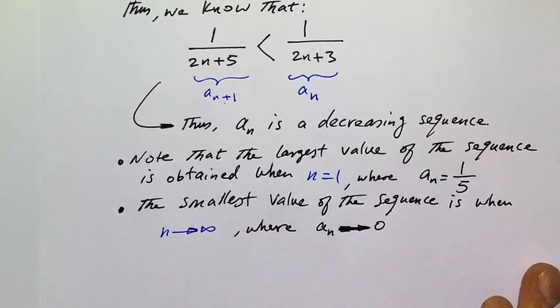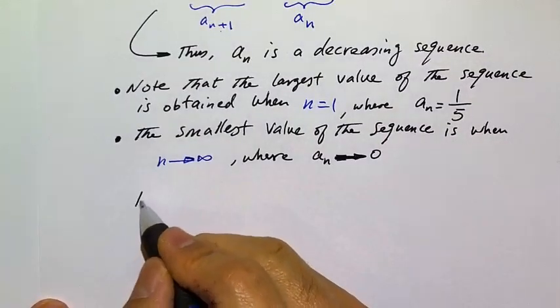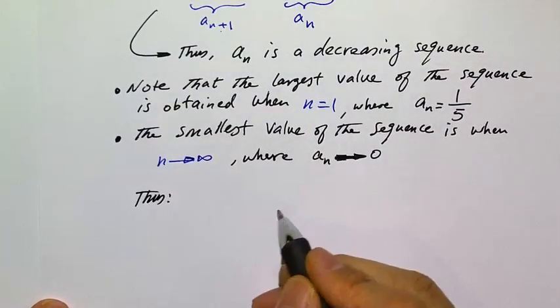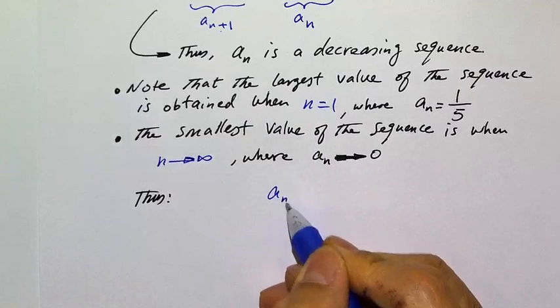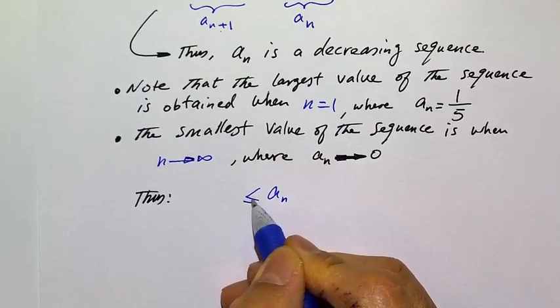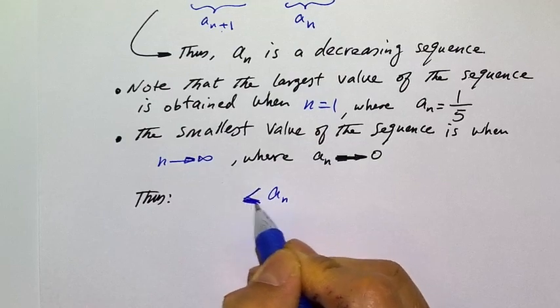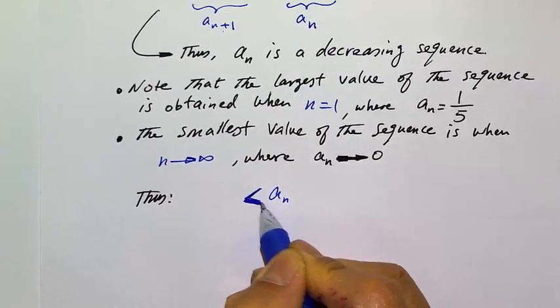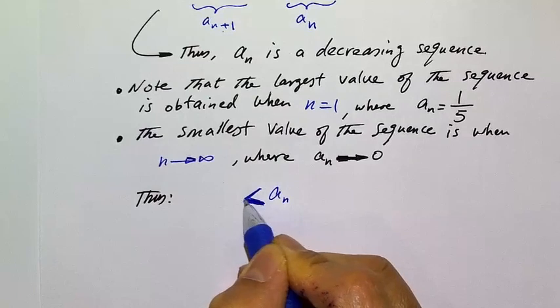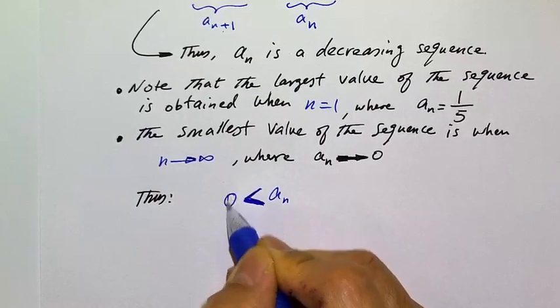So therefore, the sequence is bounded below by, I should say actually not equal, but greater than 0. It will never be exactly equal to 0, but it will approach it, of course.